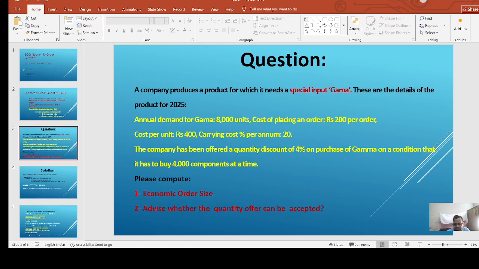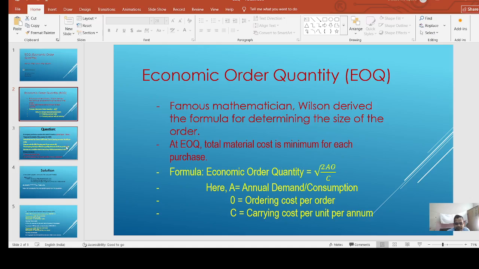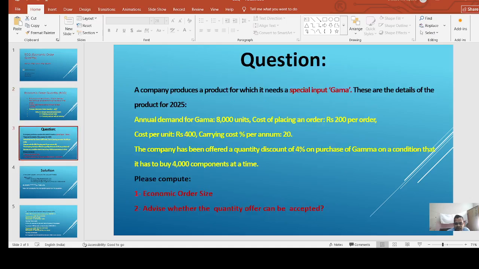Means on the cost per unit of 400, there will be a 4% discount.